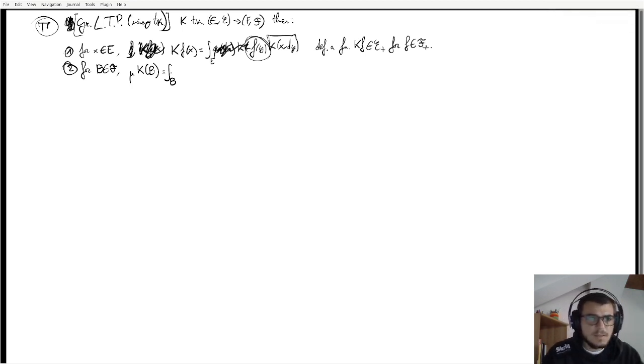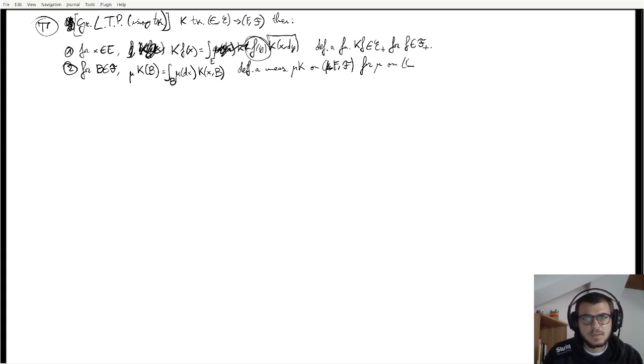In any case, here we have mu dx, k of x and B. And this thing defines a measure mu k on the space F, for any measure mu on space E.